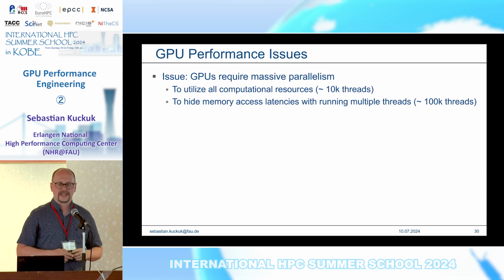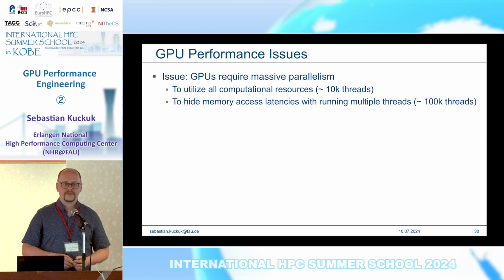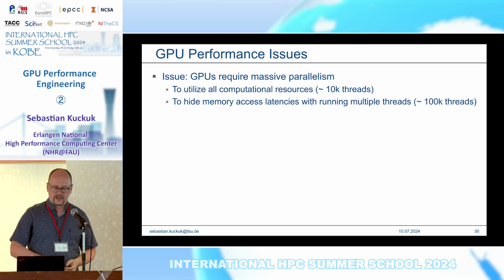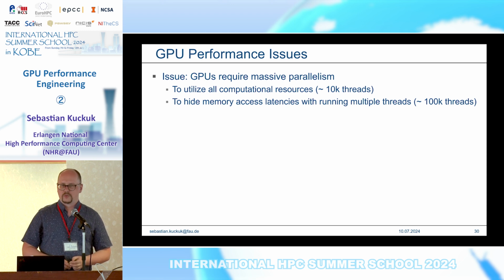The first one is a lack of parallelism. And we've also already heard, the H100 has 17,000 execution units for single precision floating point, meaning that if you can't do the 17,000 operations in parallel, you're not getting peak performance. And you have to do this every cycle. And for memory, it's even worse.